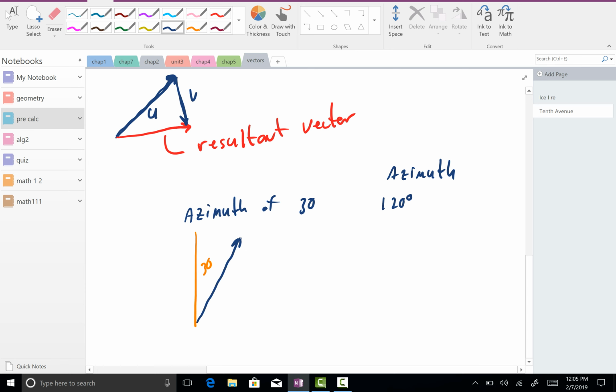So say I have a wind coming right here at 120. Okay, then I would draw this. Here's my tip to tail. Here's my resultant. My resultant always goes from the beginning to the end. This is what's going to happen. So if I'm heading off in a 30-degree azimuth, and then I have a wind or something blowing at a 120-degree azimuth, then this would be my resultant.